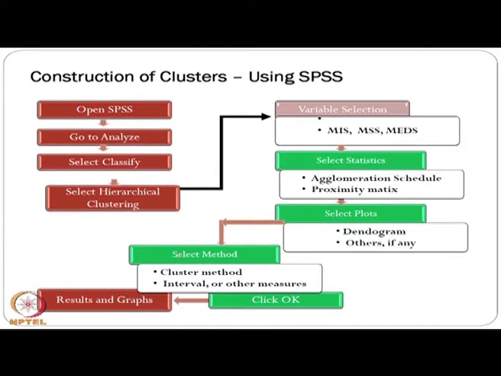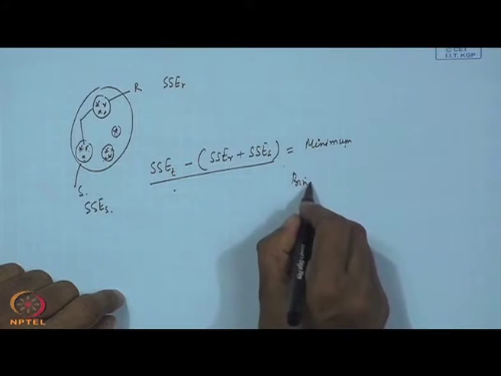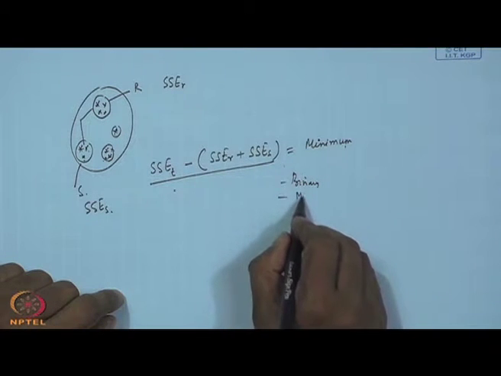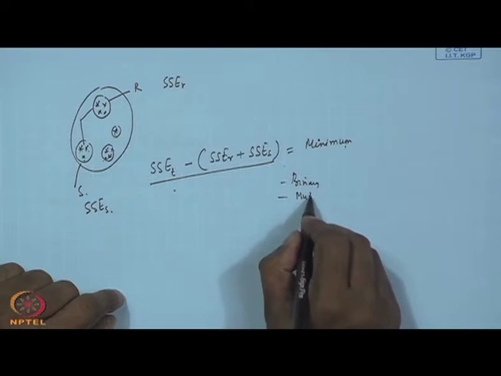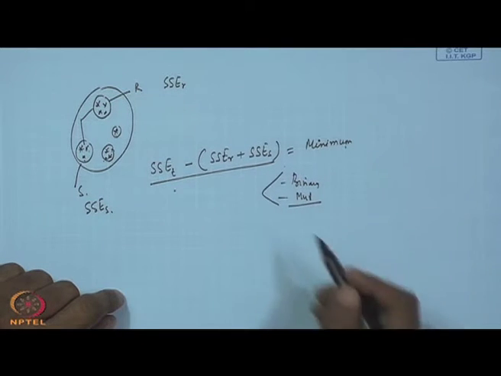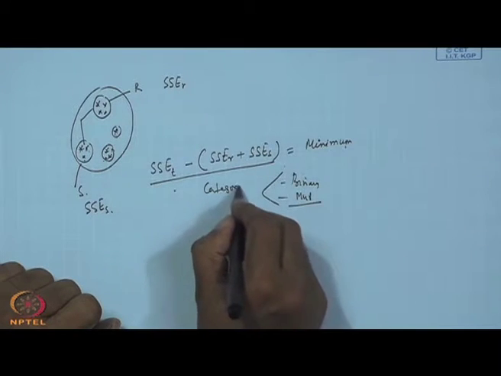Then you have to select the cluster method, what type of measures it is, interval or other measures, because if your data is not metric data, then the distance calculations will be different. Okay. If there is binary data, the distance will be different. There may be multinomial data. So, I think there are certain techniques for handling categorical data.